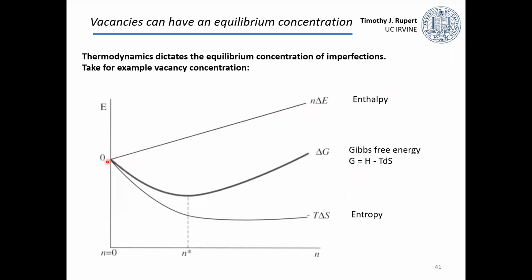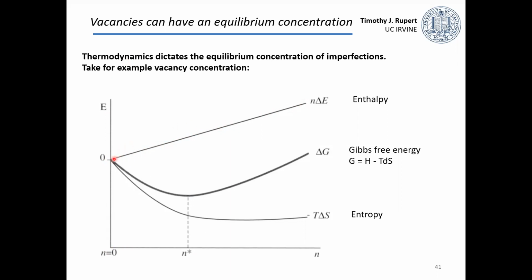And this is going to have some energy penalty delta E for each vacancy we add. So if we look at the energy of the system as a function of the number of vacancies, as we add more and more vacancies, so move to the right on this plot, our energy penalty from the enthalpy is going to go up and up and up. Okay, that kind of makes sense. We're adding more defects, it's having more of an energy penalty. That's not a good thing.